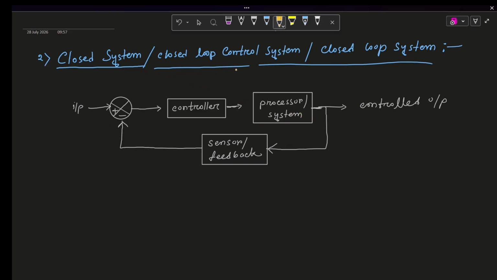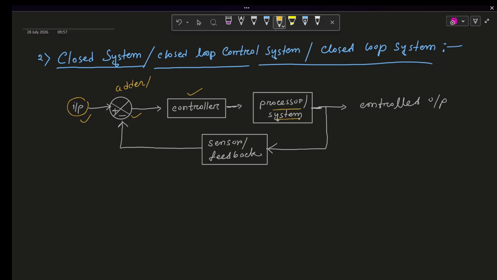At first, this one is our input and this block is known as adder or subtractor, because here this one is a plus sign and this one is a minus sign. The plus sign indicates the two signals will get added and the minus sign indicates the two signals will get subtracted.